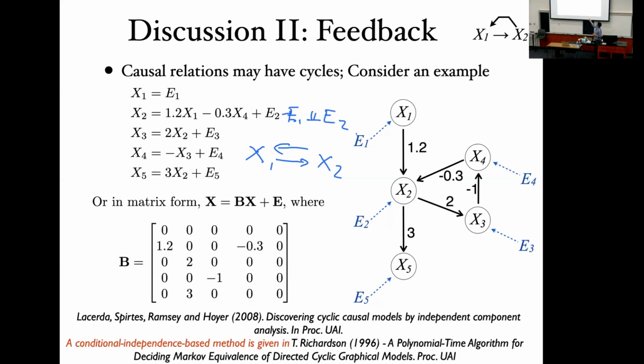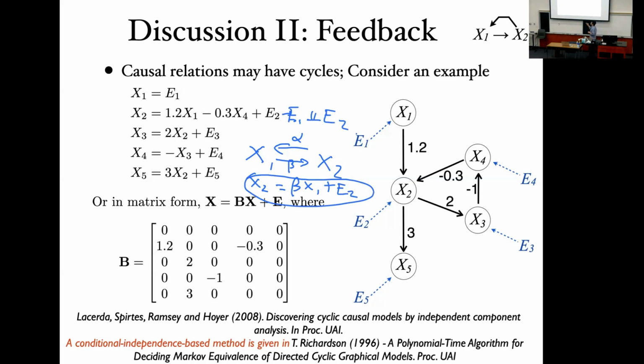Now, suppose this is beta, this is alpha. X2 is a function of X1 plus noise. The function looks nice, right? The inference from X1 and noise.